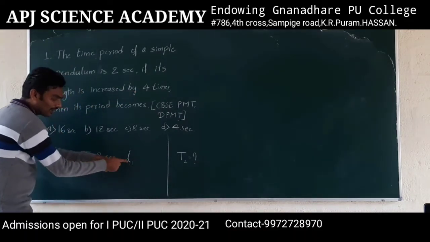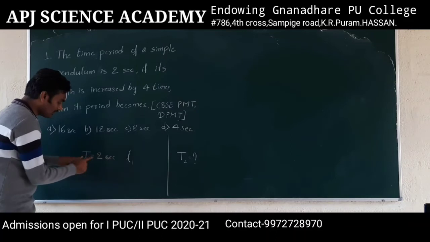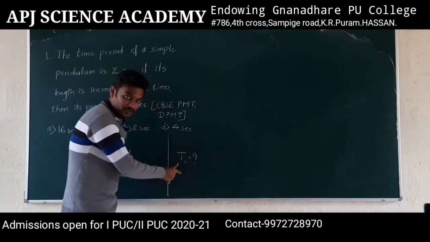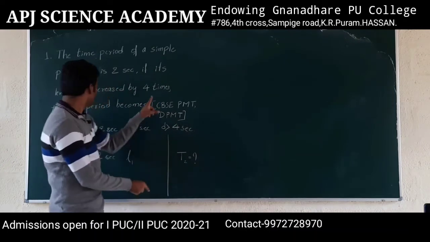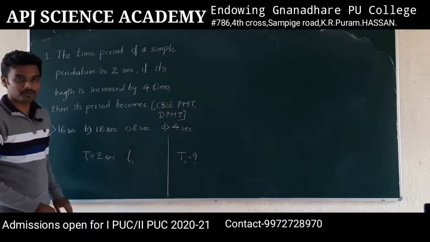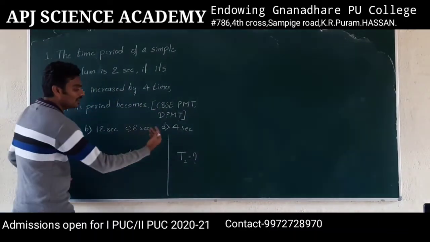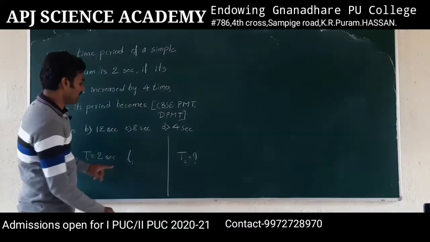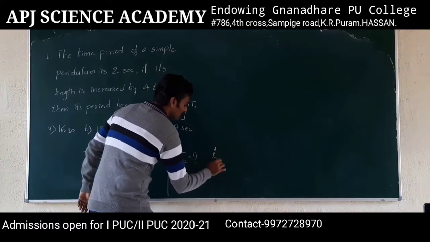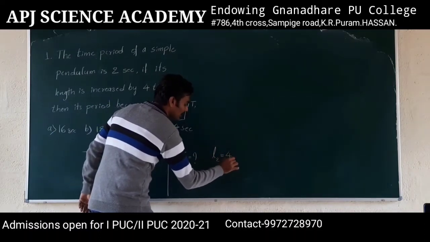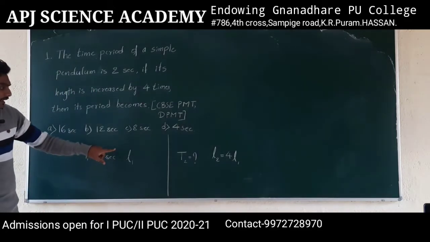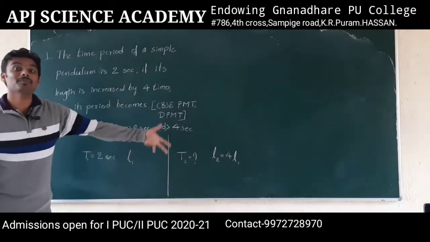Let me call the length of the first situation L1, the time period of the first situation T1, and the time period of the second situation has to be calculated. What is given? The length of the second situation is 4 times the length of the first situation, right? L2 is equal to 4 times L1.